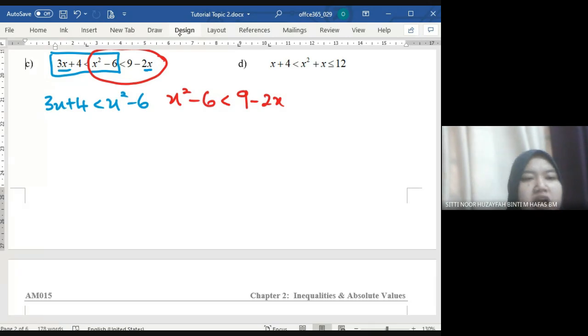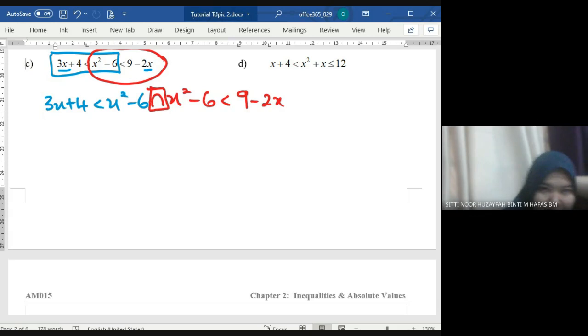That's why the final answer should find out how? By finding the intersection between the two solution. It should satisfy both inequality serentak. Lepas dah dapat jawapan untuk kiri dan kanan tu, bawah sekali you kena cari intersection.